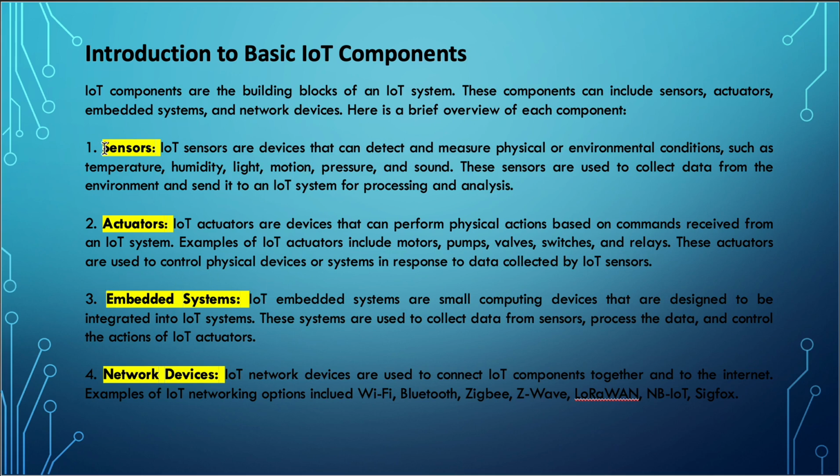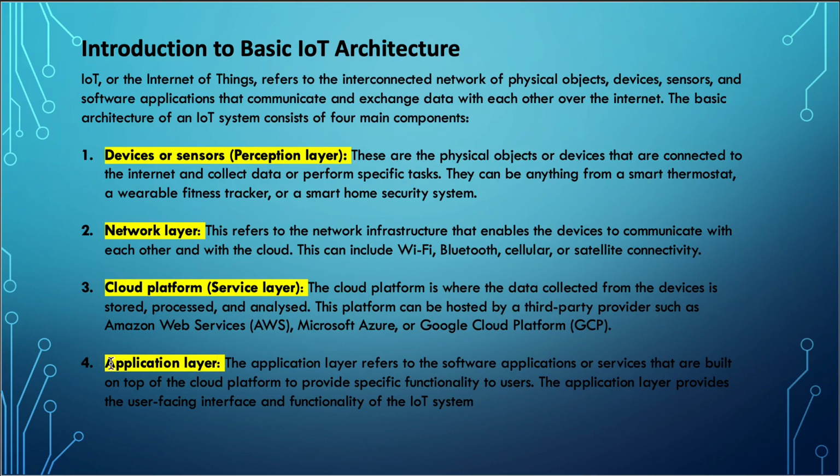So we said first there will be sensors in an IoT device. Let me try to differentiate what I'm explaining in this portion and this portion. The introduction to basic IoT architecture means all these four points create IoT itself, the Internet of Things.